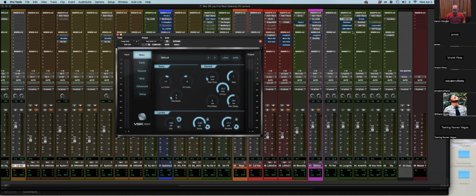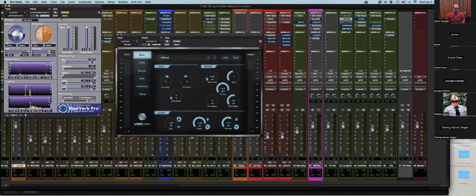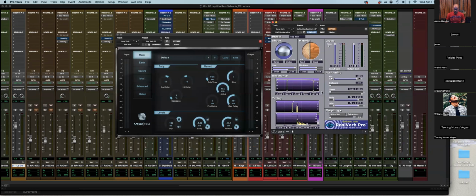Let me pull up another reverb that shows us this. This up here is the early reflections, and you see those little spikes there, and it's showing how that room is reflecting.